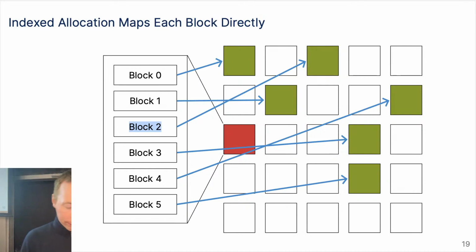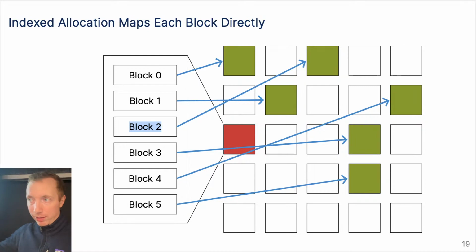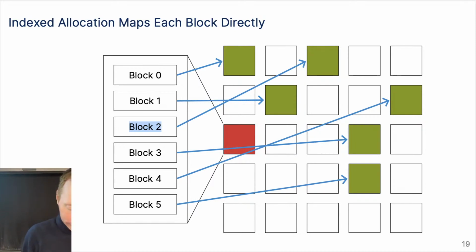Everything is really, really fast. And we don't have such a problem anymore, because now this indexed array is only proportional to the size of the file, which makes sense. So we have to keep track of how many blocks represent the file, but it's not proportional to the size of the disk anymore. So we got rid of that weird dependency. So that's good.